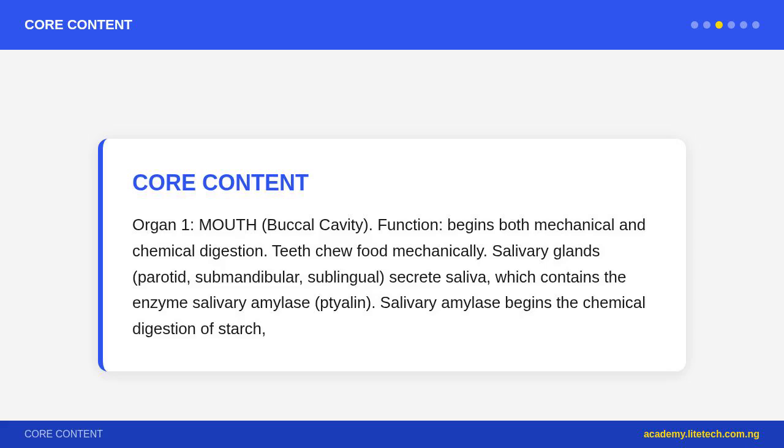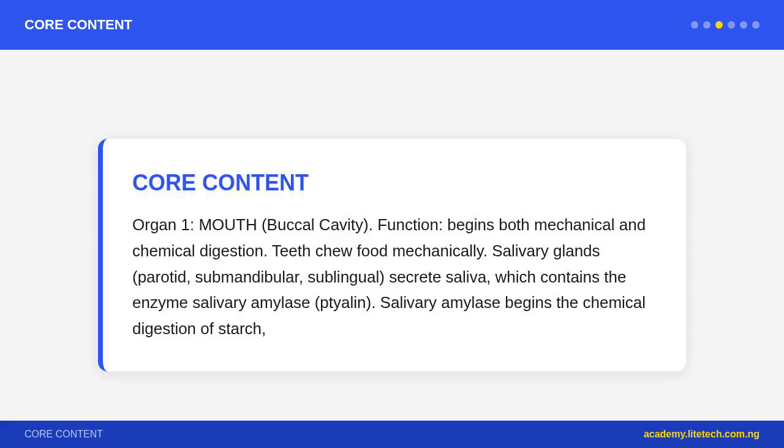Organ 4, small intestine. The longer section, approximately 6.5 meters, divided into 3 parts: duodenum, first 25 centimeters, jejunum, and ileum. This is where most chemical digestion and all absorption occur. In the duodenum, bile from the liver, stored in the gallbladder, is released.